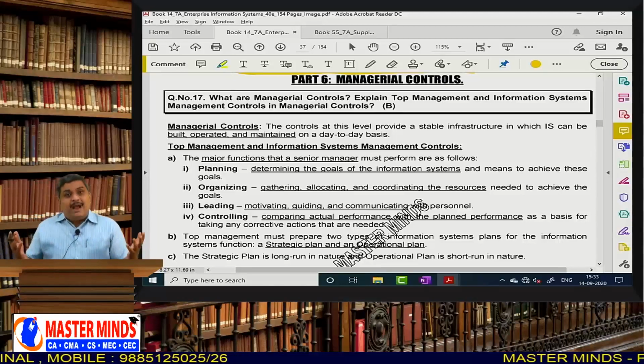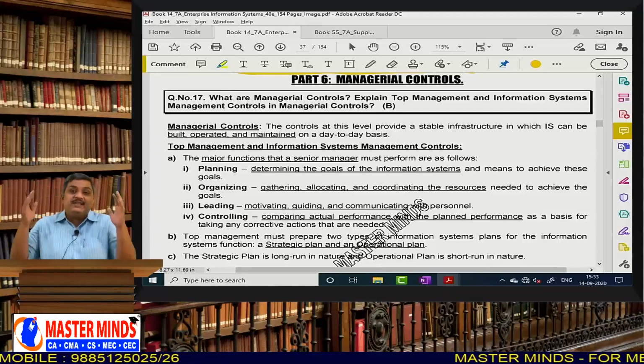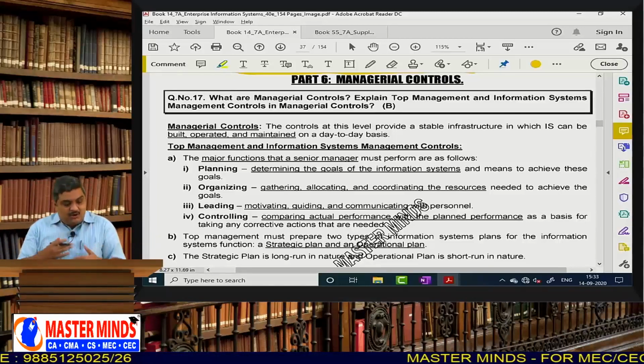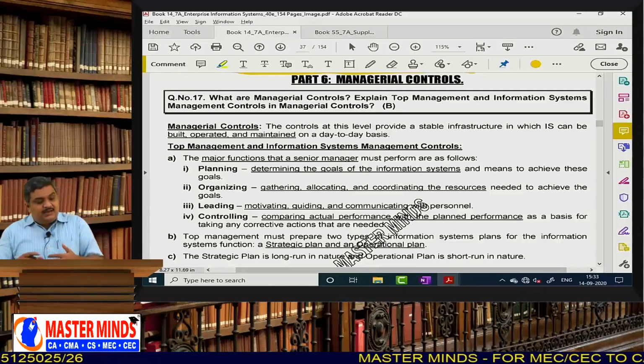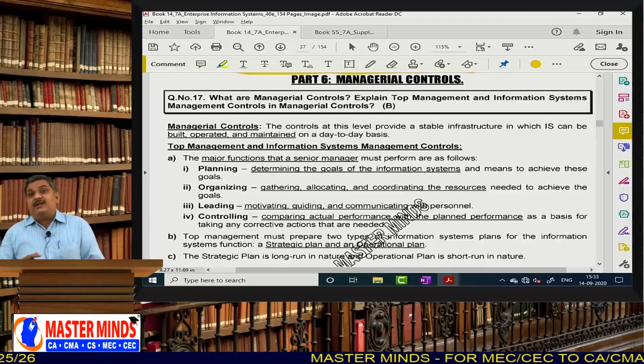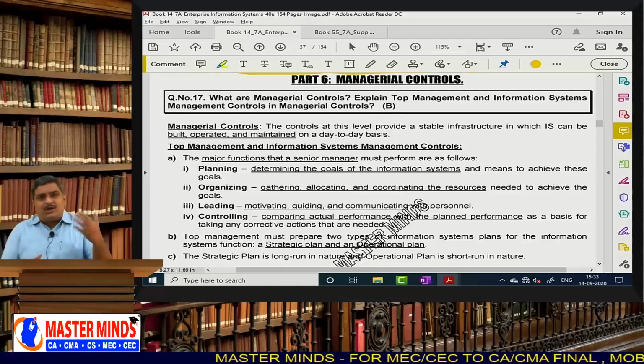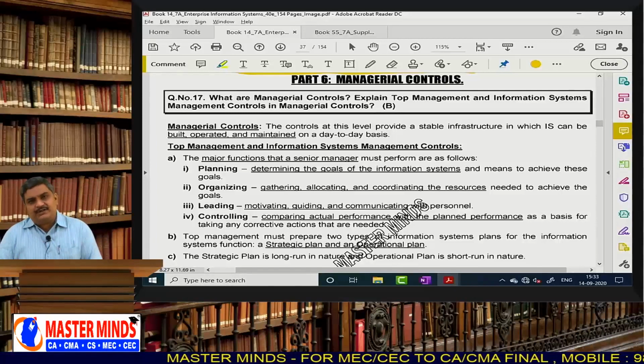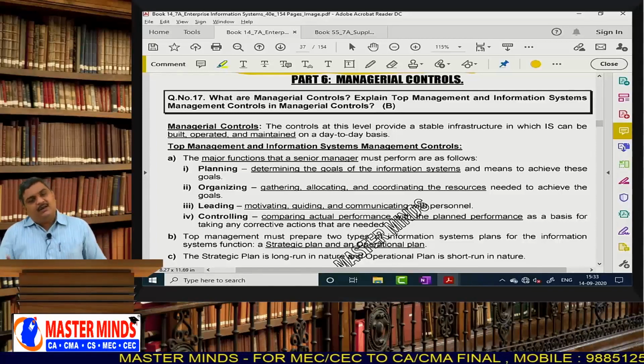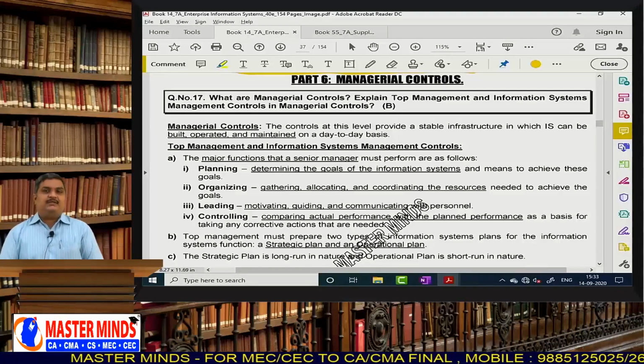Wherever you go, management always refers to these activities: planning, organizing, staffing, leading, and controlling. Sometimes staffing and leading, or organizing and staffing, come into one point. Here it is given only 4 points. No problem, sometimes you can take it like that.